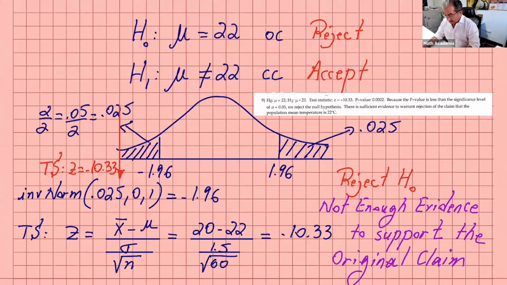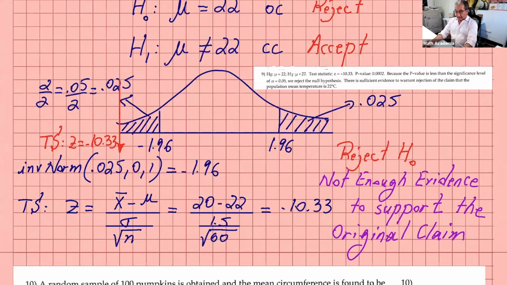I didn't write the p-value here because not needed, but when you use your calculator, the calculator gives you the p-value. The p-value, if you want to know, it's this little area to the left of the test statistic, and it's inside alpha, so it's smaller than alpha.